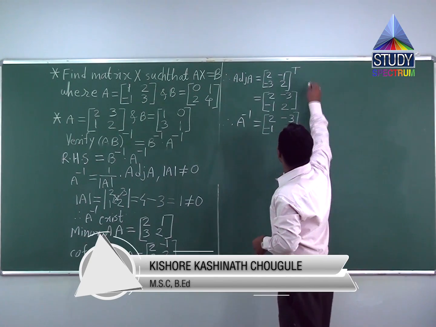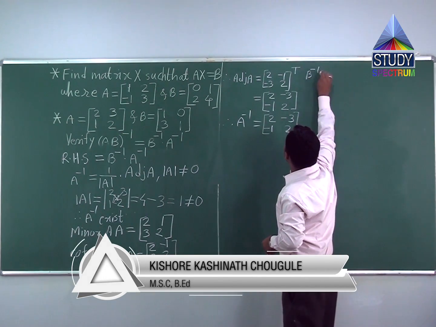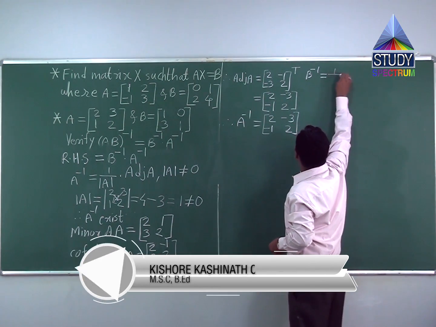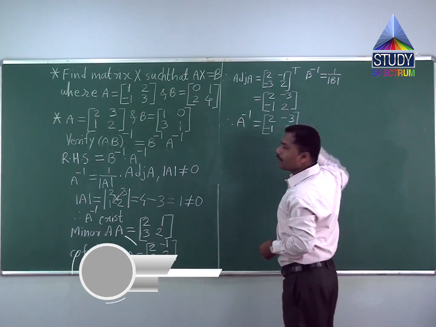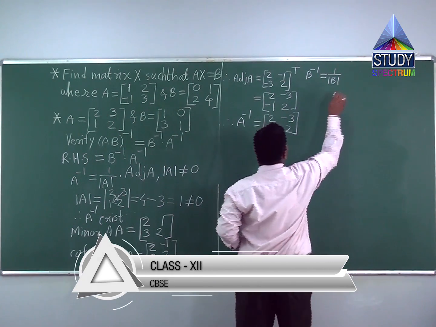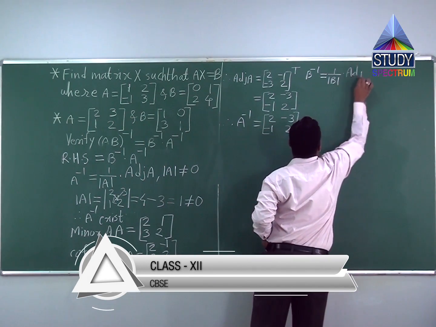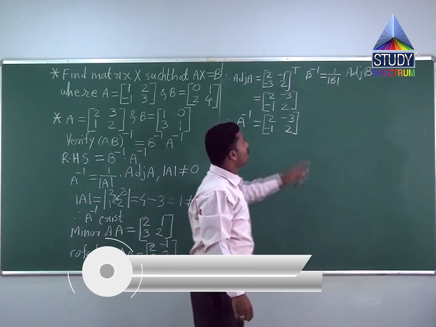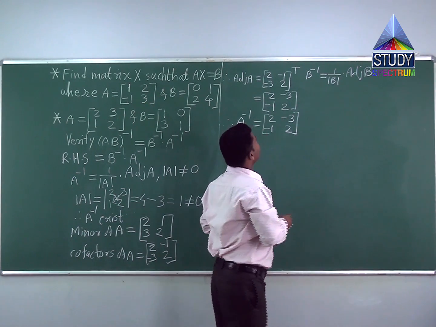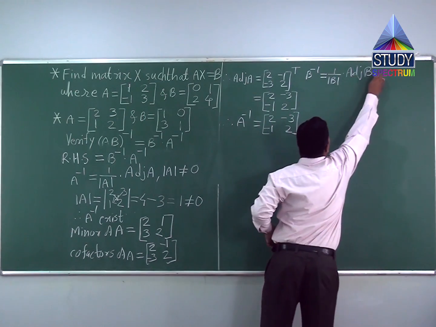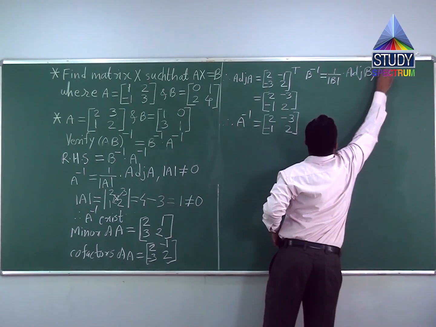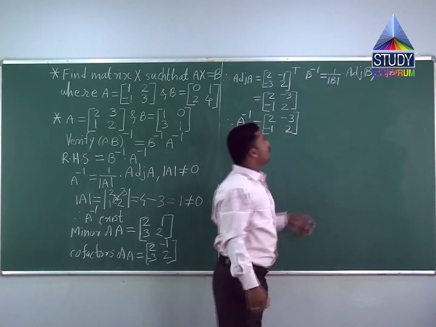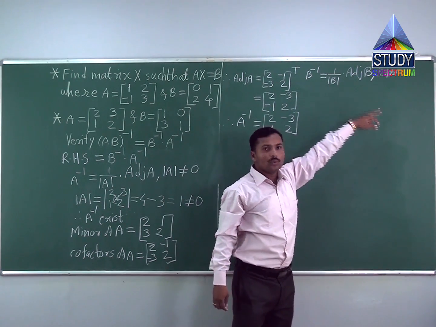B inverse equals 1 upon determinant of B into adjoint of B. So the condition is that the determinant of B is not equal to 0.